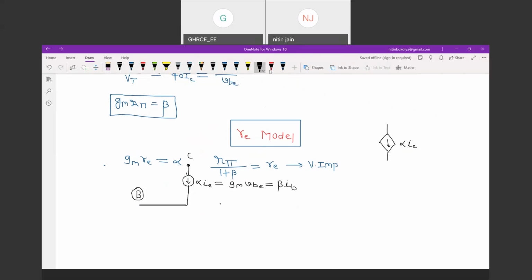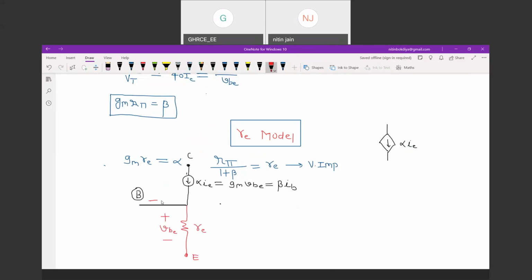Now what do we have next? We have the emitter terminal. This value is RE. This is VBE.